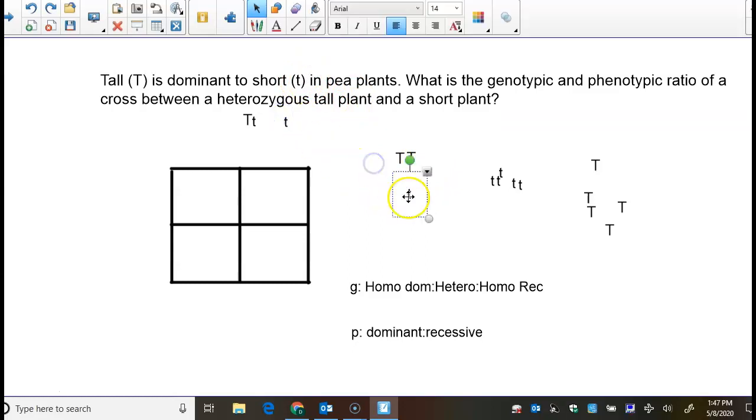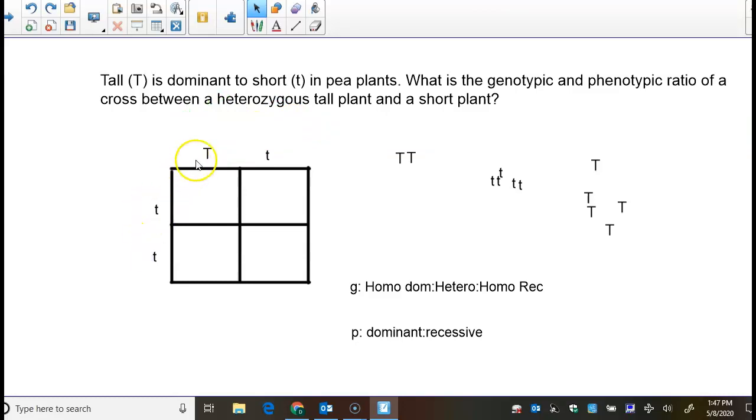And I want to know what is going to be the genotypic and phenotypic ratio of a cross between these two. So we're going to put one parent on one side, and we're going to put the other parent on the other side. Now, again, it doesn't matter. I could have done it the opposite way, as long as you group the alleles together for each parent. So I could have put little t up here and big T, little t down here, but I didn't. Okay, so we're going to fill in the Punnett square, and you said you understand that, right?